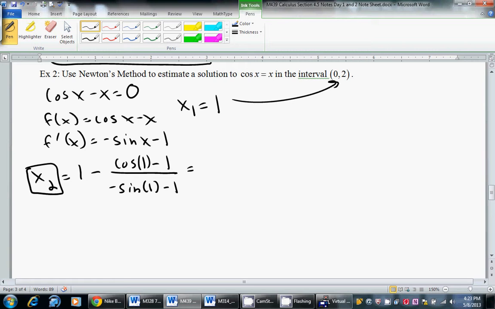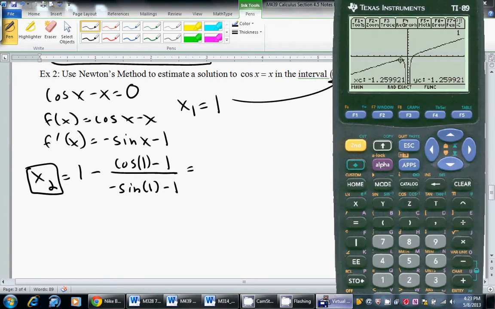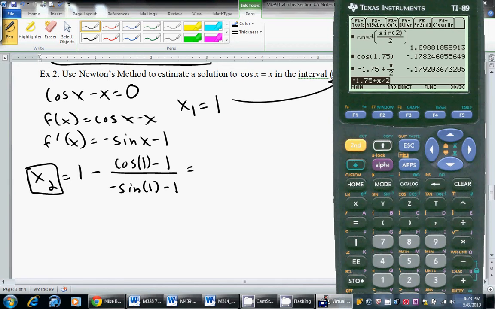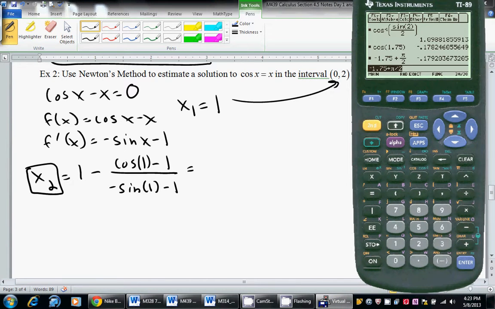So this is going to be, and you can still do this on the calculator, 1 minus, parentheses, the cosine of 1 minus 1, close parentheses, divided by, parentheses, negative sine of 1 minus 1, close parentheses, hit the diamond key.